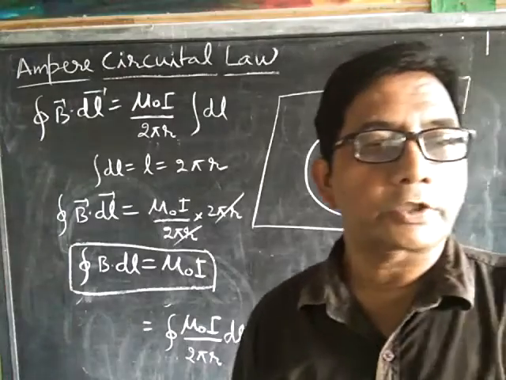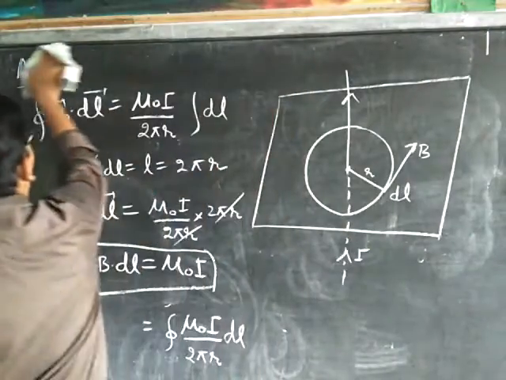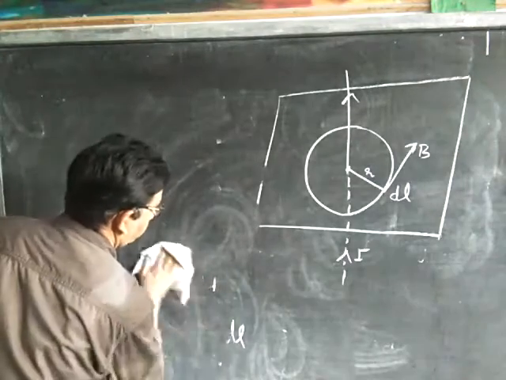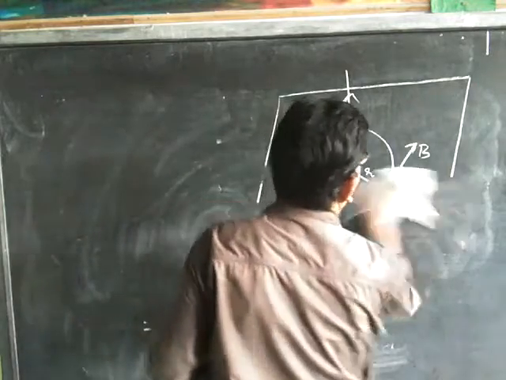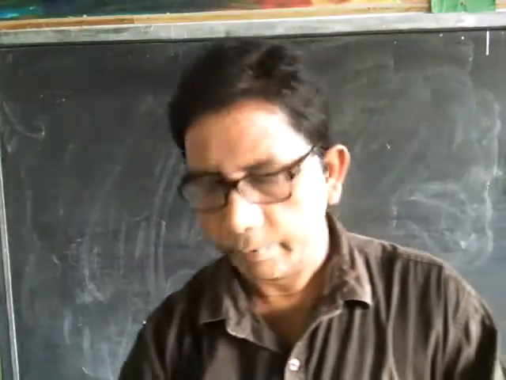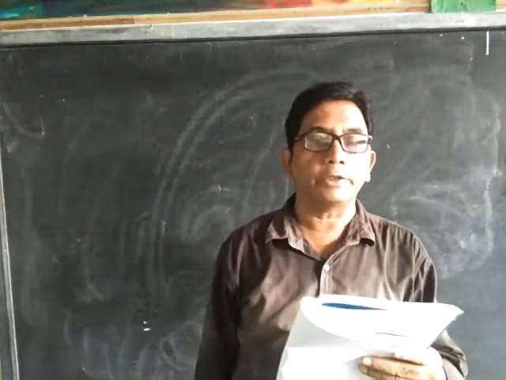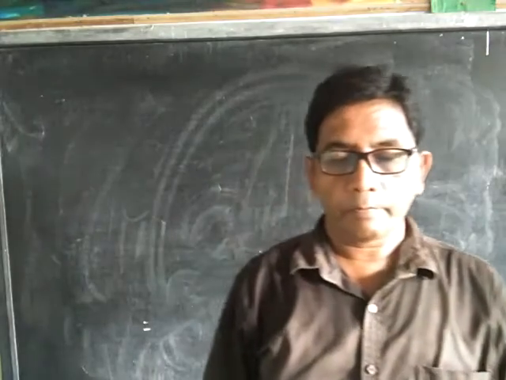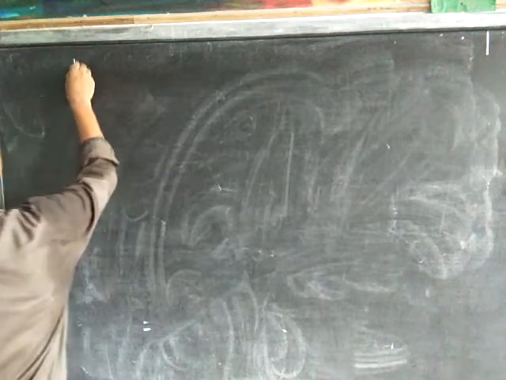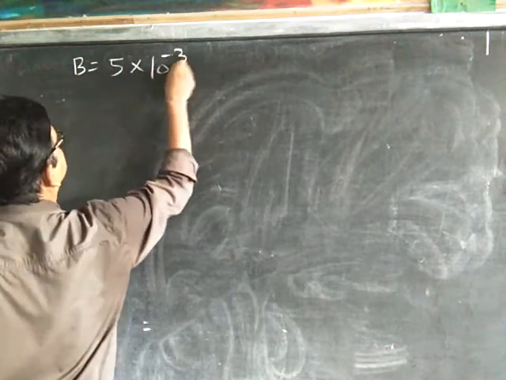Now we will solve a numerical question. Our first numerical is: a chamber is maintained at a uniform magnetic field B of 5 into 10 power minus 3 tesla.